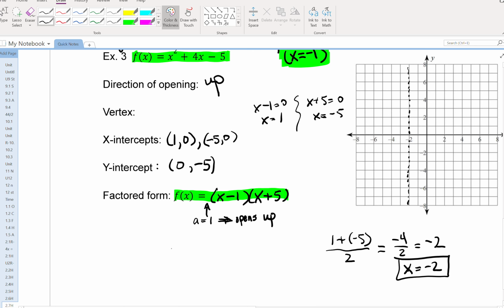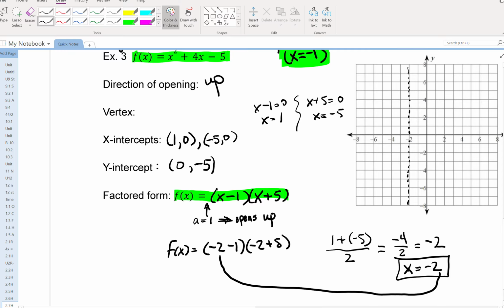So I'm going to say, what is y? What is f of x if x equals -2? That's -2 minus 1 and -2 plus 5. So I'm taking this x equals -2 and I'm plugging it in here for x and then also there. And well, -2 minus 1, that's -3, times -2 plus 5, and that's a +3.